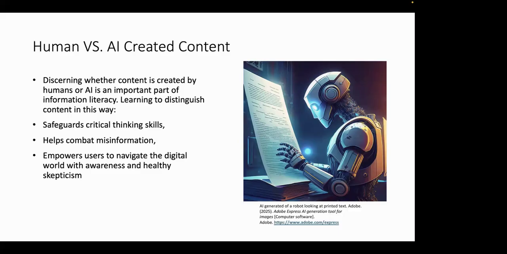This falls into information literacy because it equips students with the skills necessary to find, evaluate, use, communicate, and present information in a variety of formats and contexts. And again, AI is really blurring the lines between fact and fiction. Next slide.